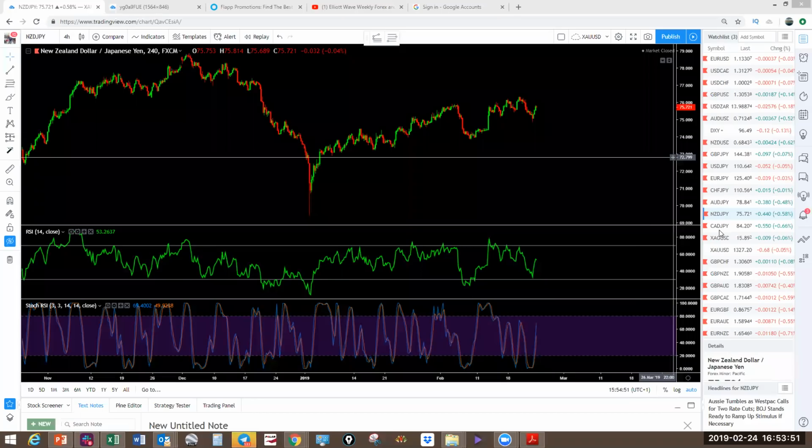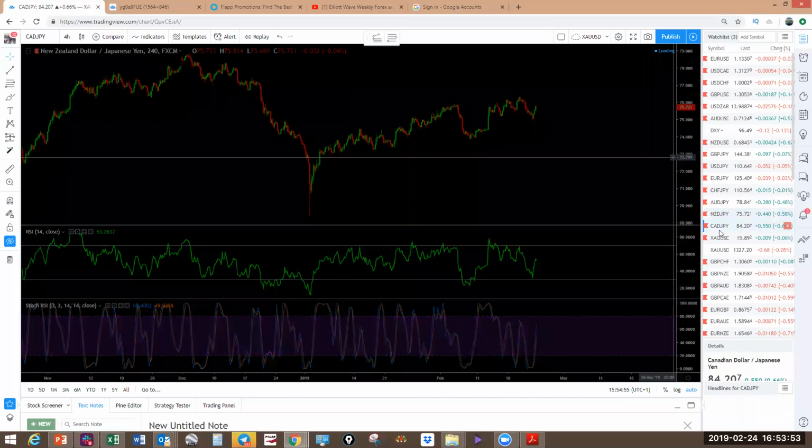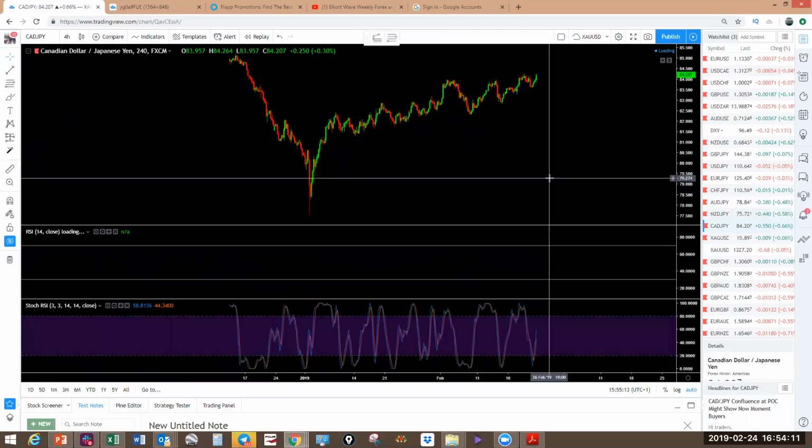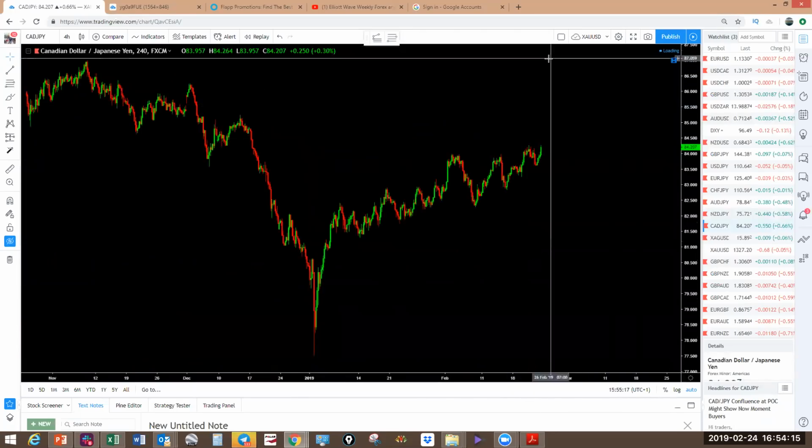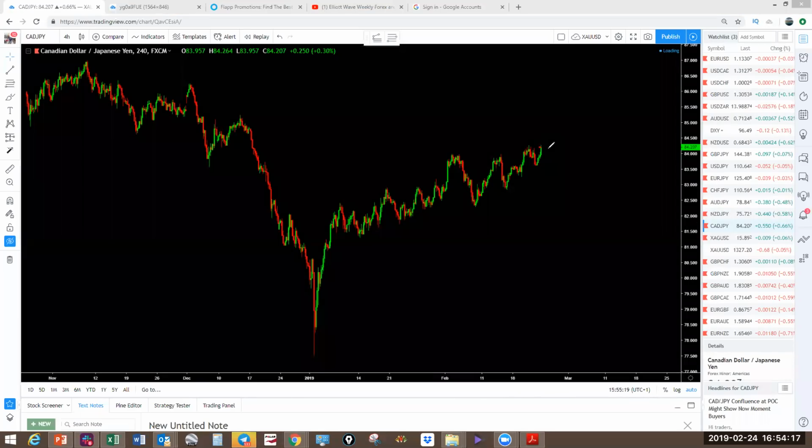And lastly, on the yen pairs, CAD. Let's have a look at CAD. Loading the CAD now. That is CADJPY, same. Expect a bit of a push higher.